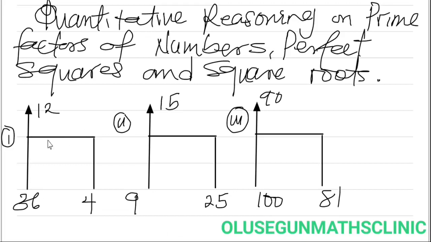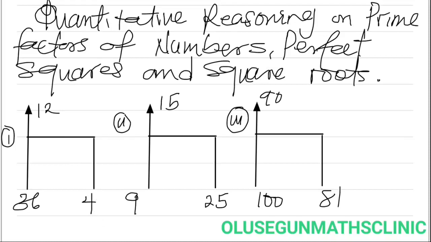In figure 1, you observe, and I will write it out to make it easy as you are writing your notes. From figure 1, you see that 4 times 12 gives us 36. By the time you find the square root of 36, which gives us 6, and you multiply it by 2, it gives us 12. This one, 12 times 4 gives us 48.